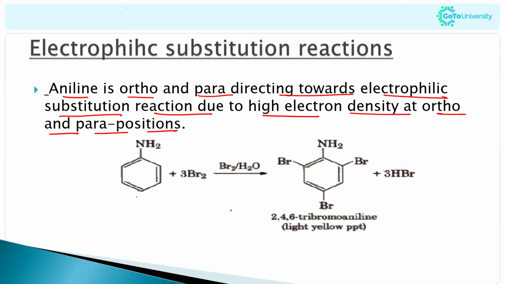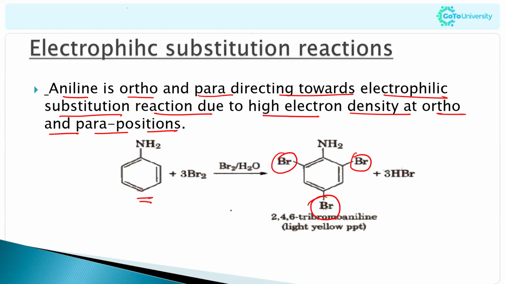So when you do this electrophilic substitution of aromatic amine, you are getting the products with bromine substituted at ortho and para positions. Okay, so bromine is acting as an electrophile in presence of this reaction medium, and this electrophile is substituting the hydrogen atoms present in this aromatic ring at ortho and para positions.